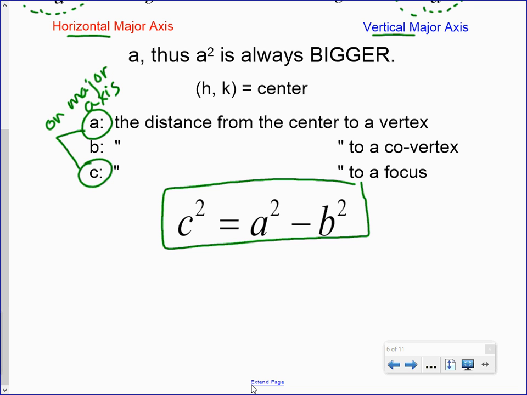That's just because of the way we're labeling A's and B's on the ellipse. If you were to do an in-depth investigation with some triangles, you would uncover basically the Pythagorean theorem, but the A's and B's and C's would be switched around. We don't have time to do the proof of why it is c squared equals a squared minus b squared, but certainly that's something you could look into if you're interested.